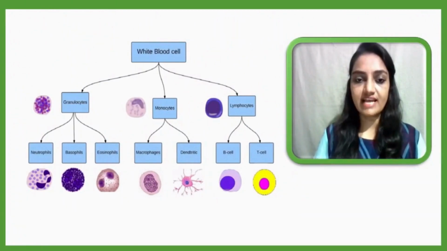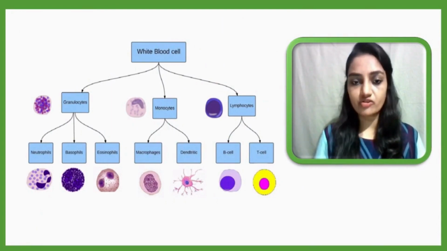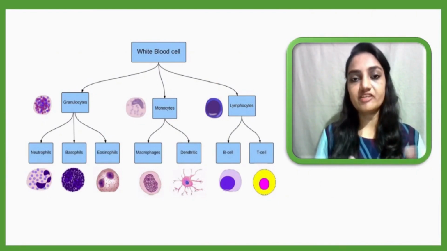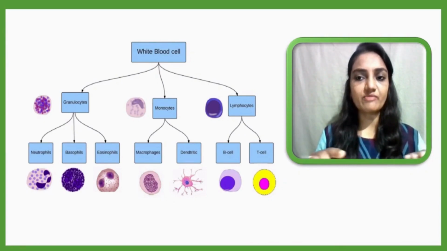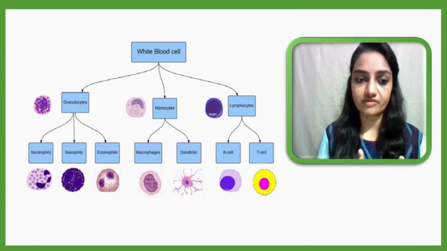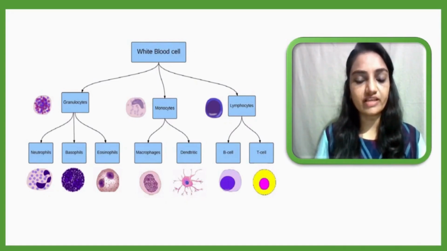So in this slide, you can see there are many types of WBC that can be divided into three groups: granulocytes, in which granules are found, then monocytes and lymphocytes. So these all are the fighting agents, means cellular barriers which will fight against the harmful pathogen. And all these types of WBC have their own significance and specific function. Okay, so granulocytes include neutrophil, basophil, and eosinophil.